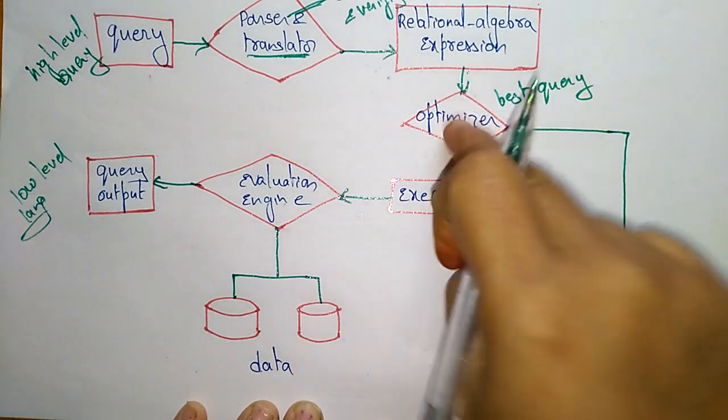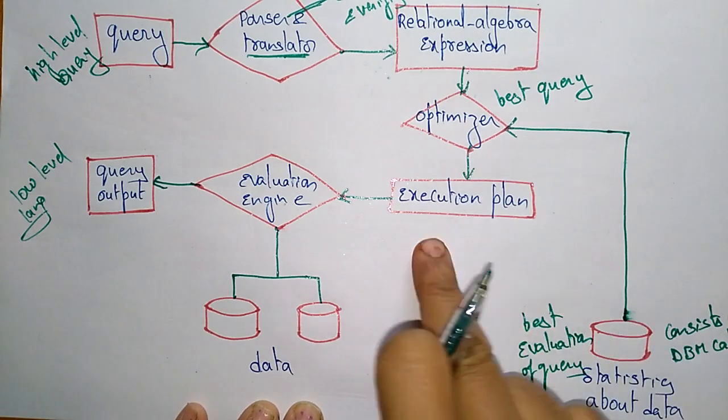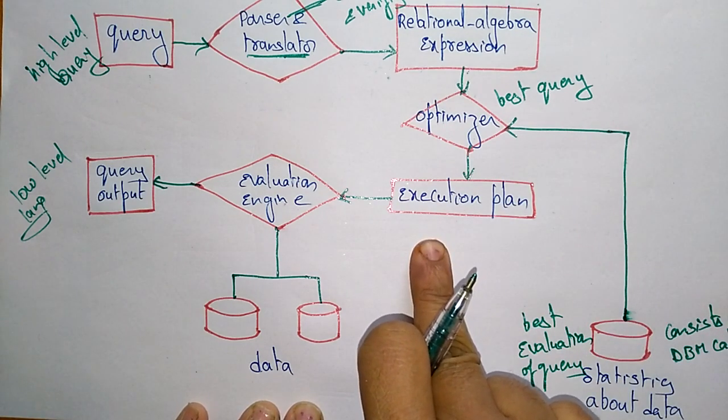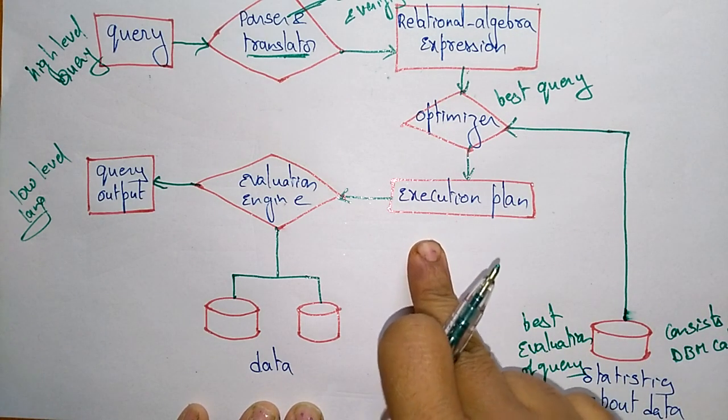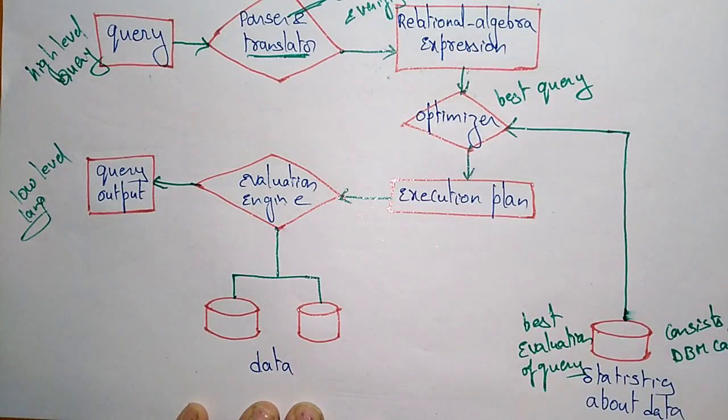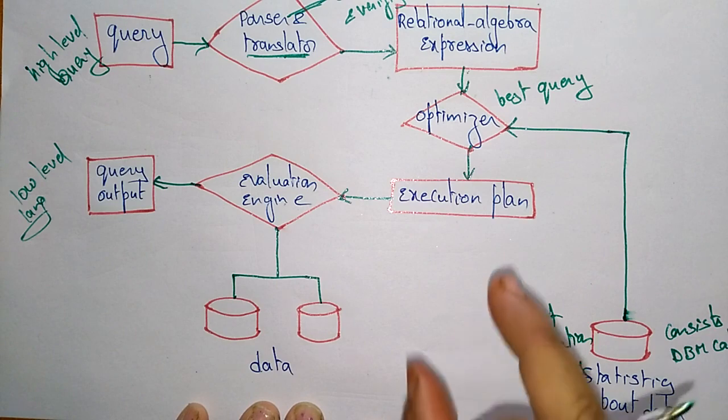After evaluating the best query, that will be placed in the execution plan. Now the execution plan will be sent in the form of a tree, a query tree.